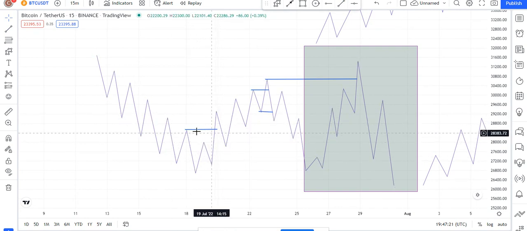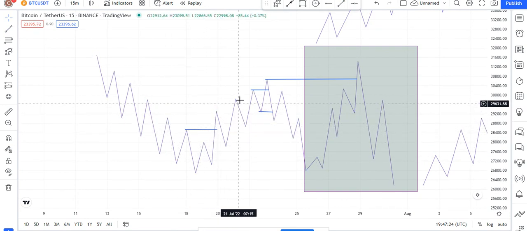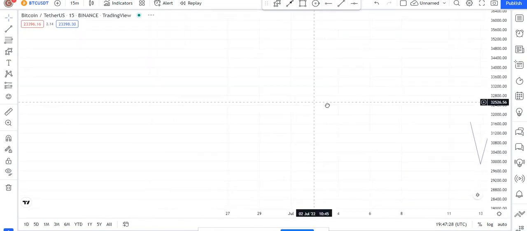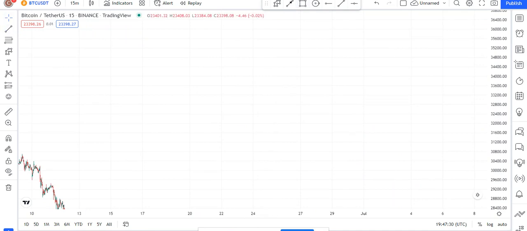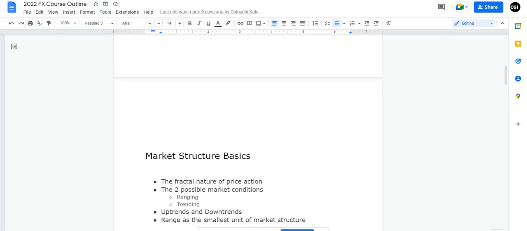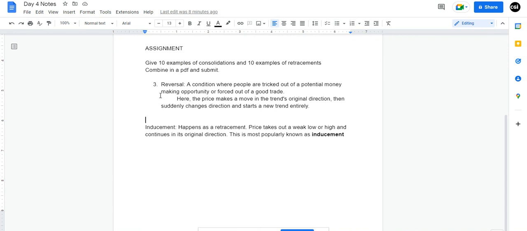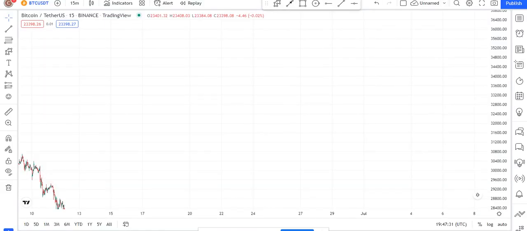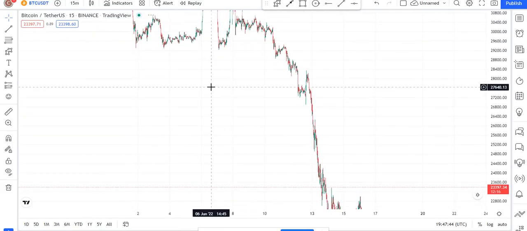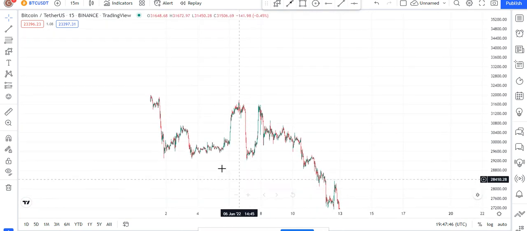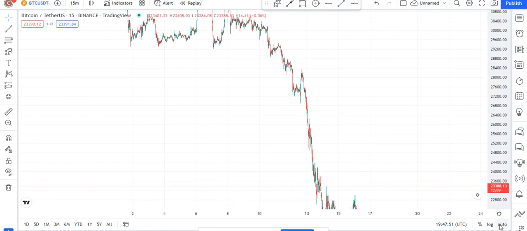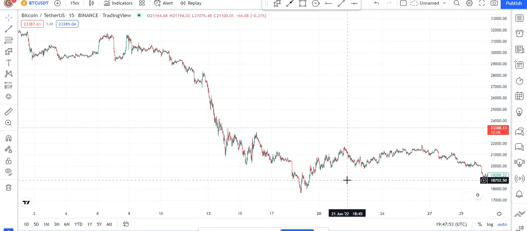So this reversal that happened here is a reversal to correct. So now let me tell you the two cases. All right. When I say reversal now, we are referring to this type 2, not the inducement.